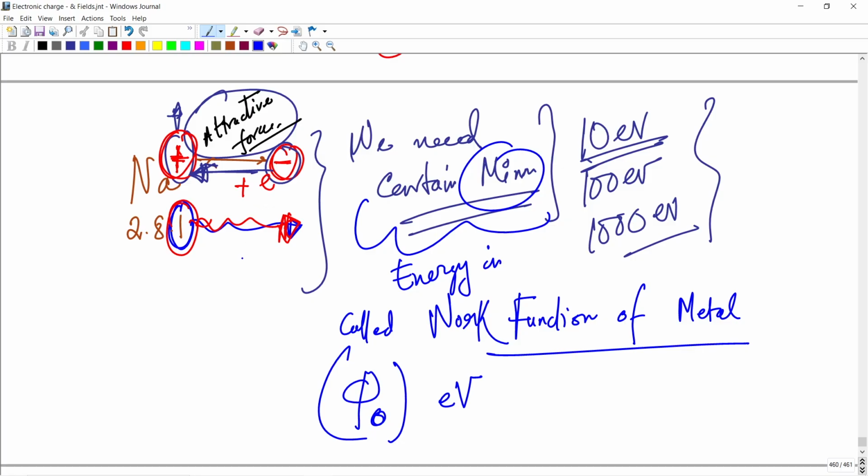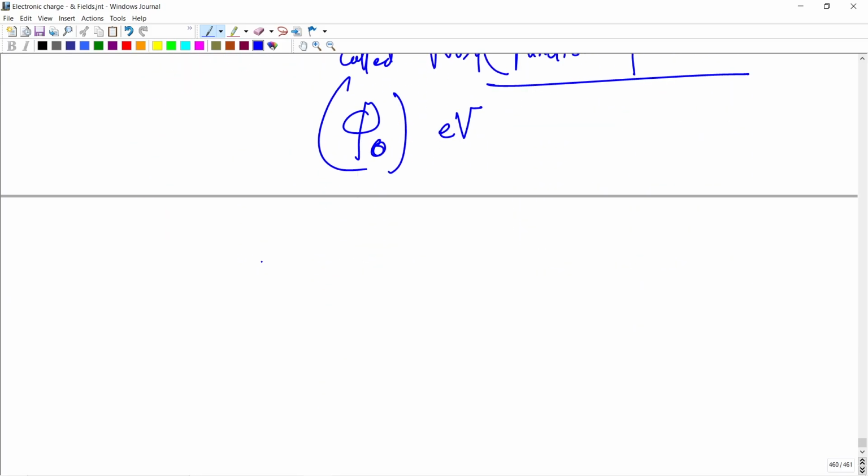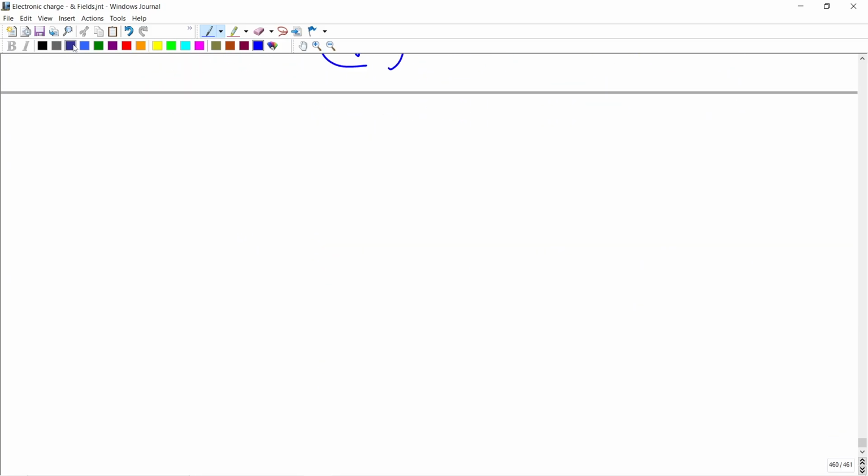So what is 1 electron volt? Its definition is very important in the board exam, so try to learn it.